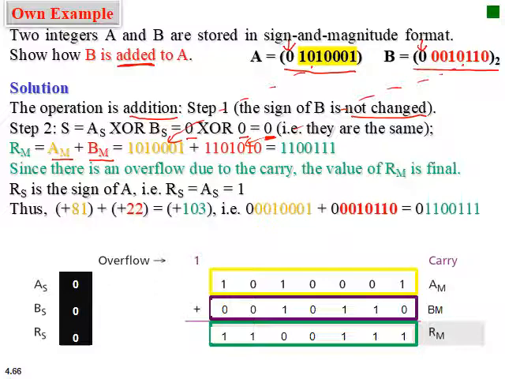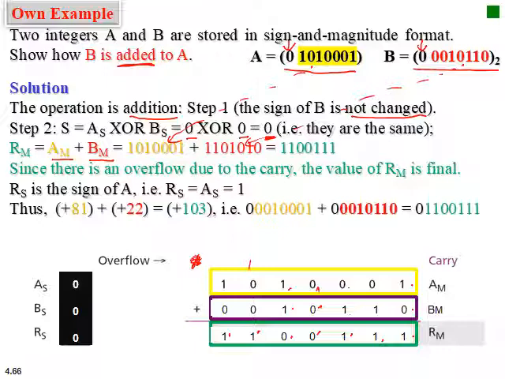If we just do this simple addition, 1 plus 0 gives us 1. 0 plus 1 gives us 1. 0 plus 1 gives us 1. 0 plus 0 gives us 0. 1 plus 1 gives us 0, carry 1. And 1 plus 0 gives us 1. And 1 plus 0 gives us 1. Sorry, there's no carry over there. Just ignore that. It's a typo on my slide.